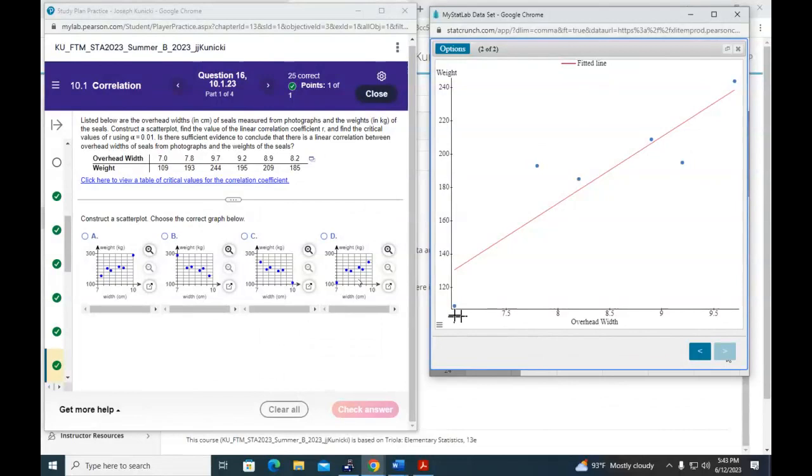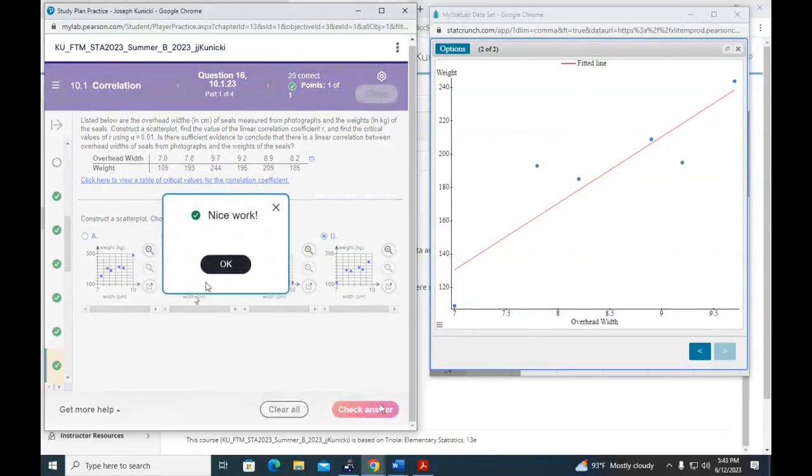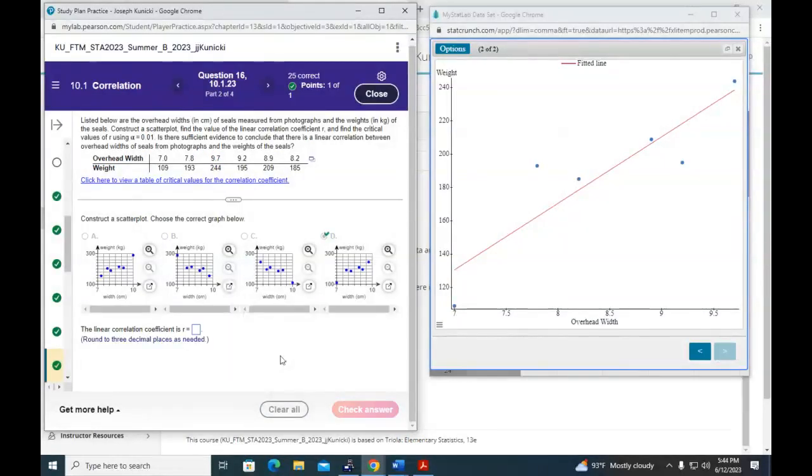The bottom one is at 7 and about 100, 110. Yes, it's D. That's the best one. Okay, we got it right. We just had to check one point. We obviously eliminated these two, and it was a question of which one of those two.